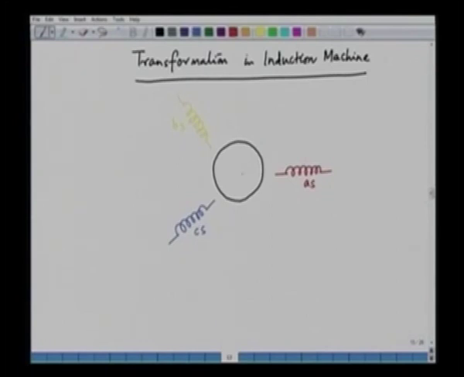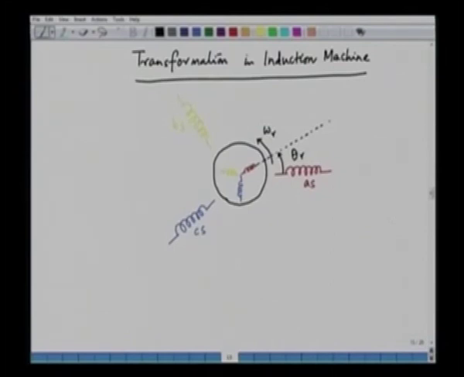And in a similar way, we can take the rotor, this is the rotor, this is phase C of the rotor, and this angle is the rotor angle, that is theta r. The rotor is rotating at a speed of omega r in the anti-clockwise direction. So, this is basically our 3-phase machine that we are talking about.